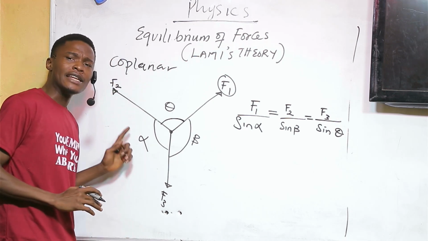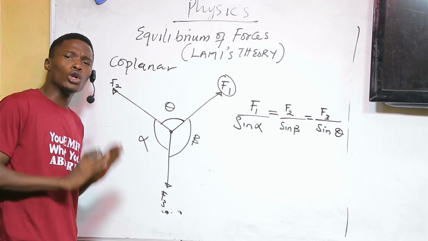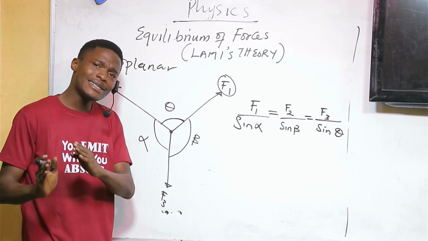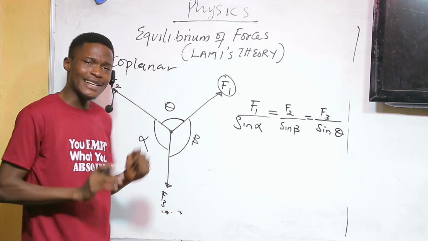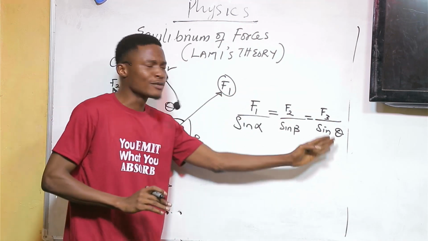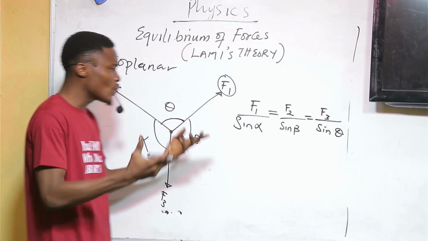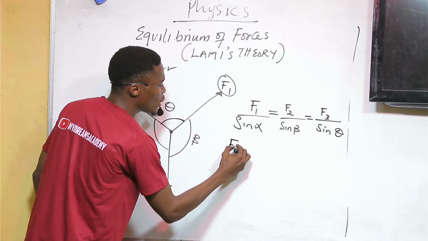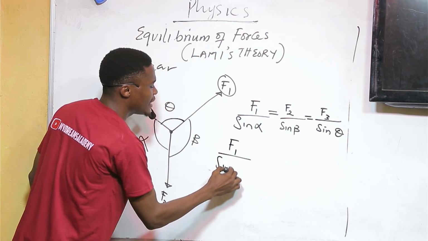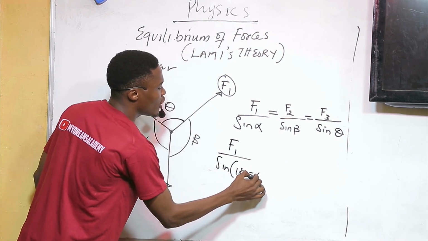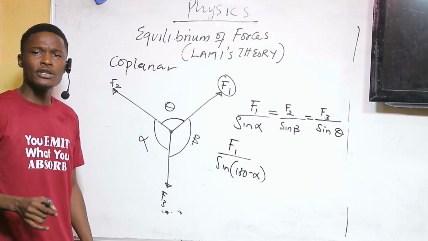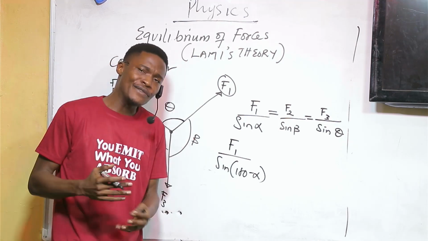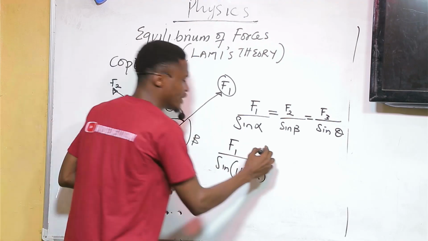Now, looking at the diagram we just drew, alpha, beta, and theta are not acute angles. They are what we call obtuse angles, meaning that they are more than 90 but less than 180. But we need to convert them so that they look like acute angles whenever we are solving. So we simply change this to F1 over sine of 180 minus alpha, to make it an acute angle. Remember that sine is also positive in the second quadrant, so we don't need to put any sign.